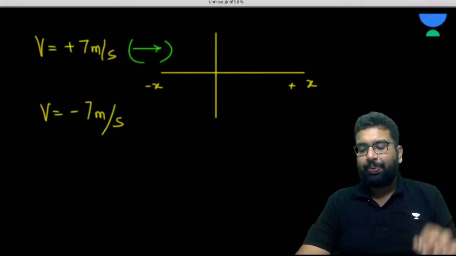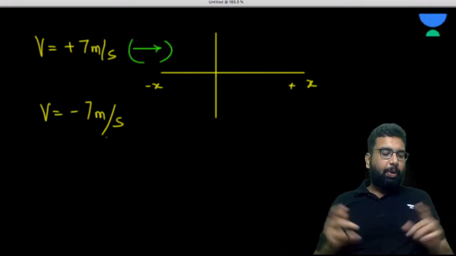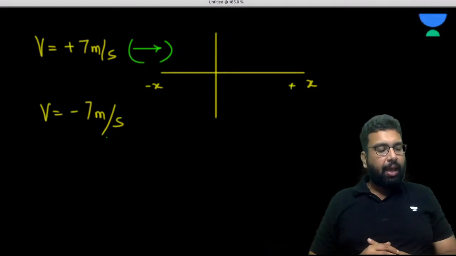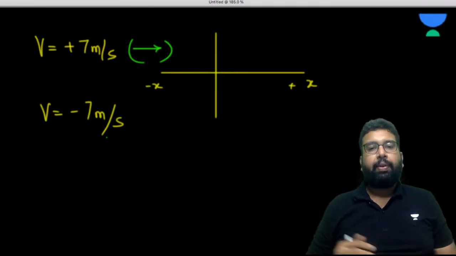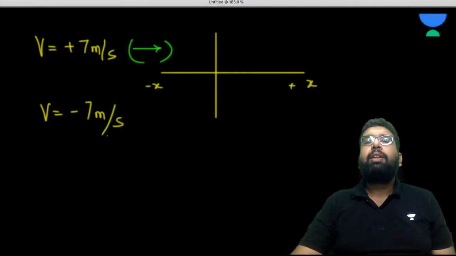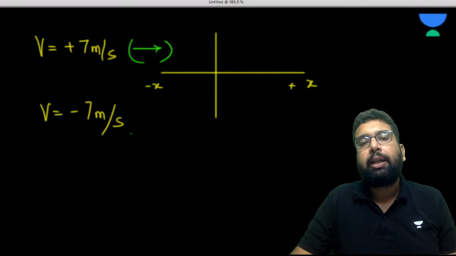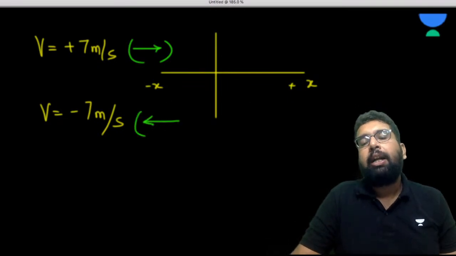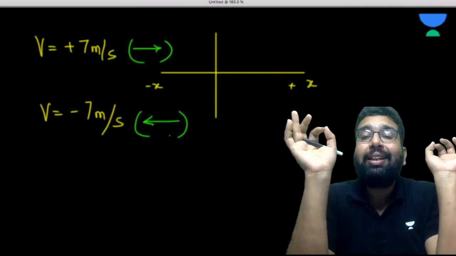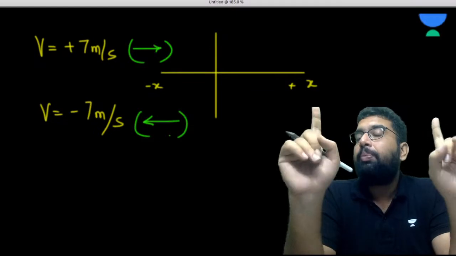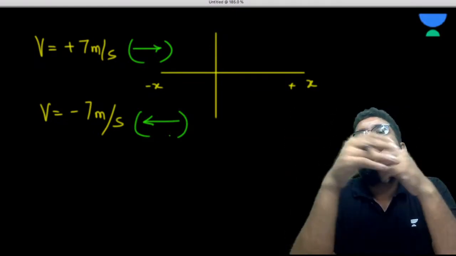Are you getting my point? Please answer me. Similarly, when velocity is minus 7 meter per second, as per this sign convention your body is moving in the negative x direction. So the velocity sign gives the direction of motion, the displacement sign doesn't.